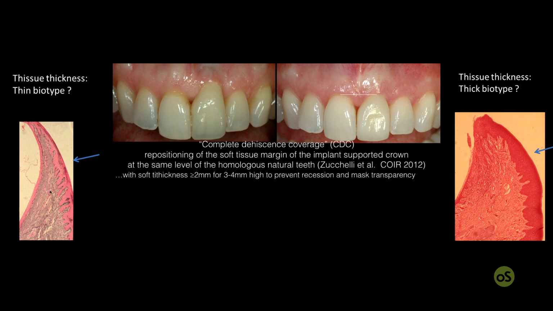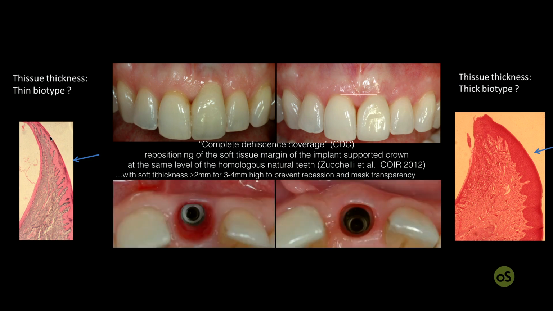While if the thickness of the connective tissue is so thin, about 1.5 millimeters, that the whole thickness of this connective tissue is occupied by inflammatory cells, it means that there is no more healthy connective tissue able to sustain the soft tissue margin in this position, and you will experience gingival recession.